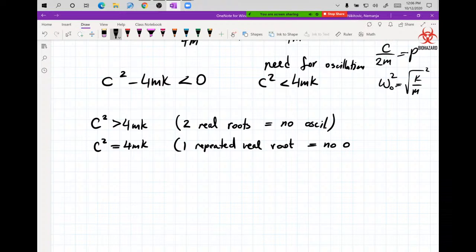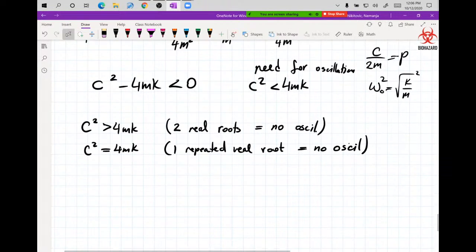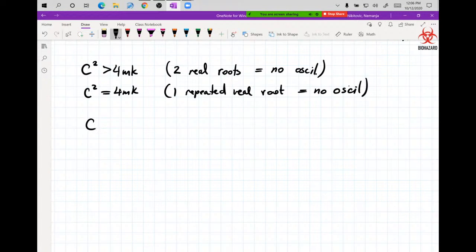Also equals no oscillation. And finally, the case that we care about and we want, c squared less than 4mk, is the one that has 2 complex roots, equals oscillation. Now, the fact is that you are going to get a solution that dies out in time.